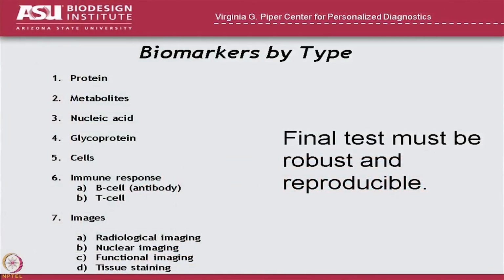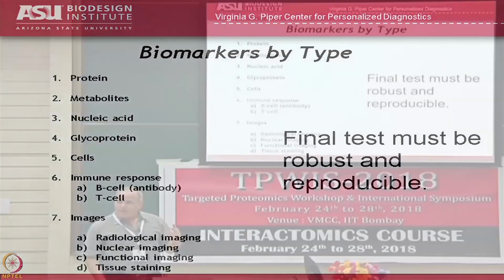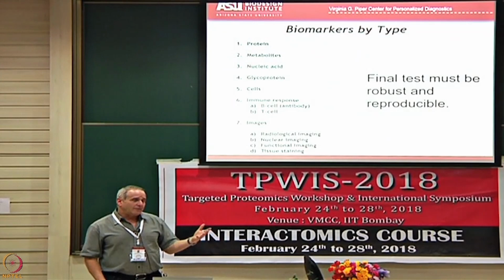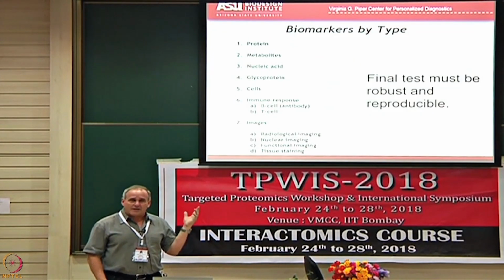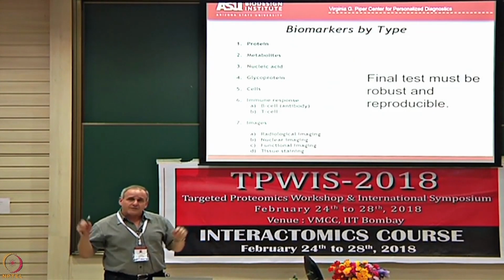And then, of course, images are also a type of biomarker. X-rays, CT scans, PET scans, all those various technologies, in a sense, are also measuring things. Some of those imaging studies themselves could be early detection biomarkers.